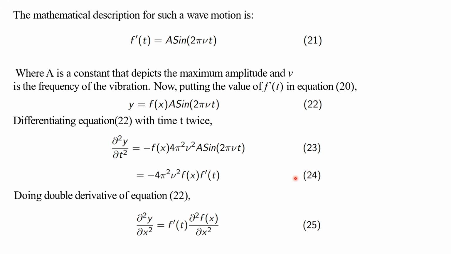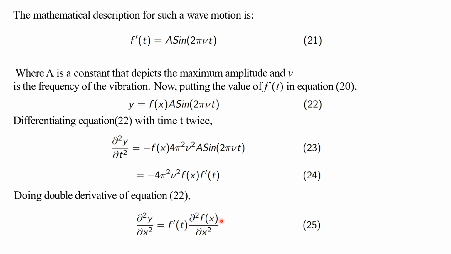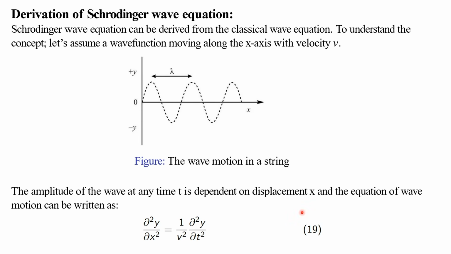From there we can further modify, and if we differentiate expression 22 twice with respect to x, we get this expression. Now we use the values of equations 23 and 25 in equation 19. Here is equation 19.